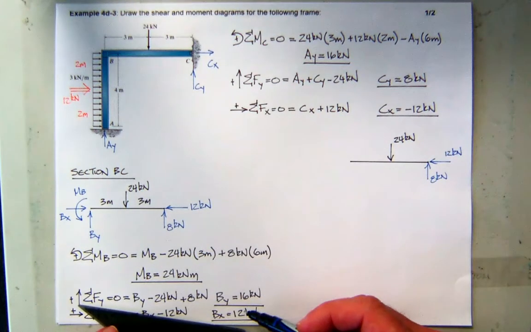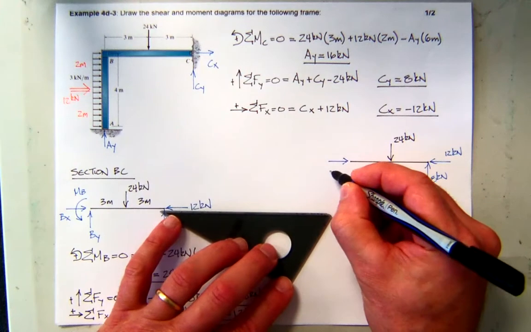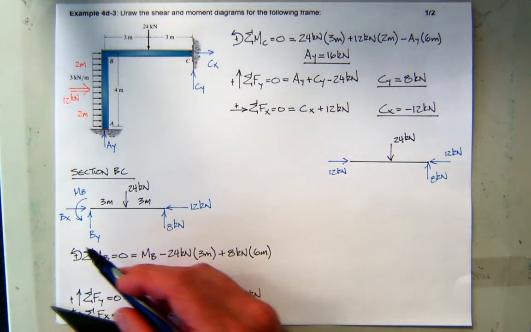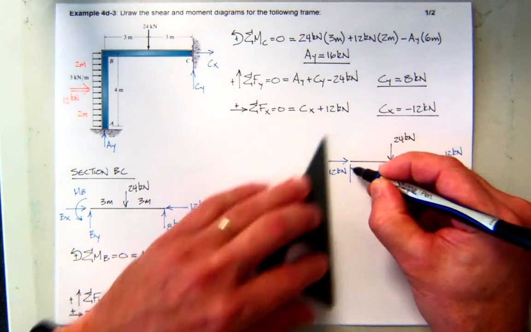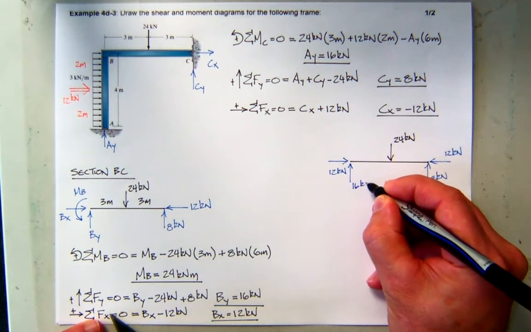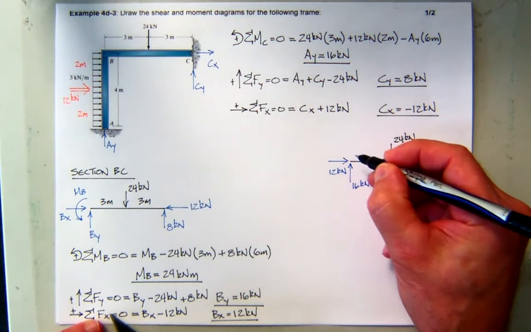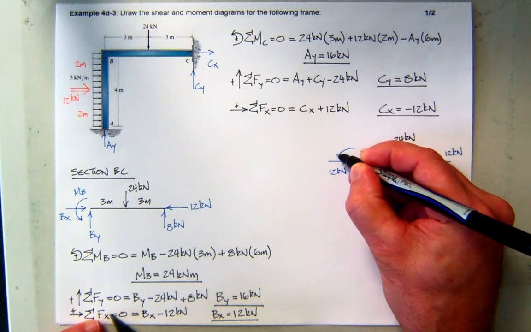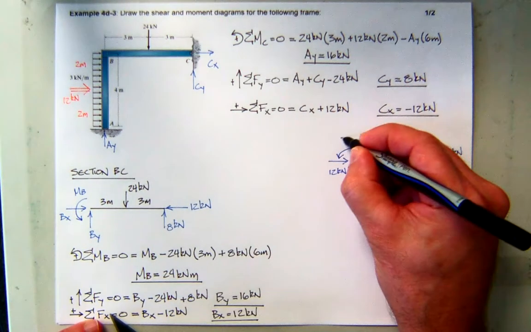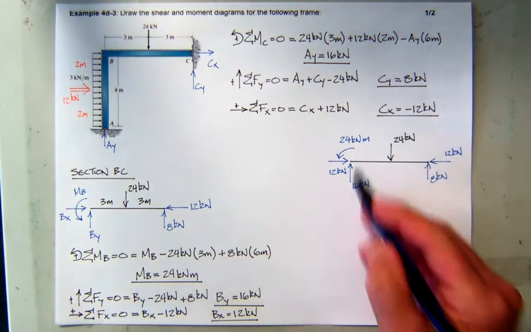We've just solved for Bx, which was in this direction, and we solved for By, which was up, and we solved for the moment, which I drew. Didn't leave myself much room. I'll do it like that. So we've got a positive value of 24 kilonewton meters. So that's all that's happening on BC.